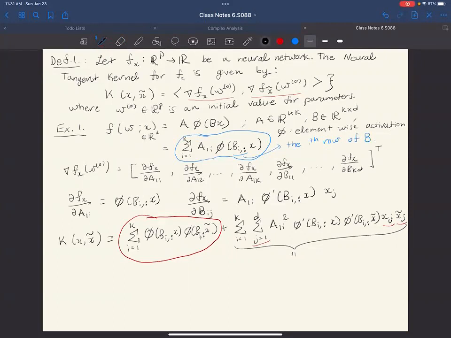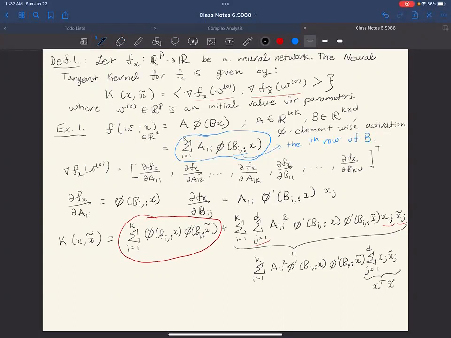So I can actually regroup those terms and write it as sum from i equals 1 to k, a1i squared, phi prime, bi colon x, phi prime, bi colon x tilde. And now sum from j equals 1 to d, xj, x tilde j. This here is actually just the term x transpose x tilde.